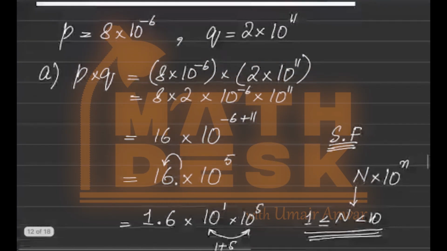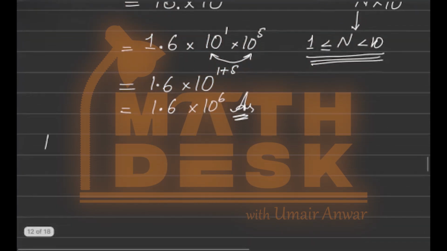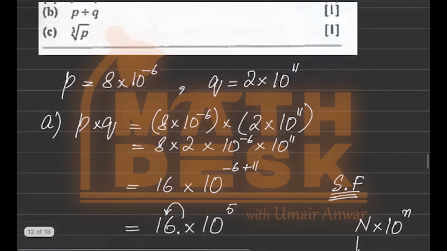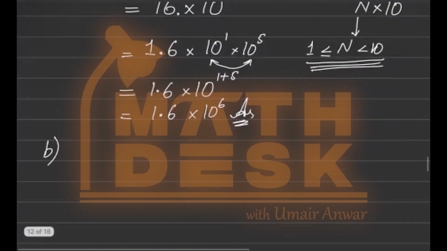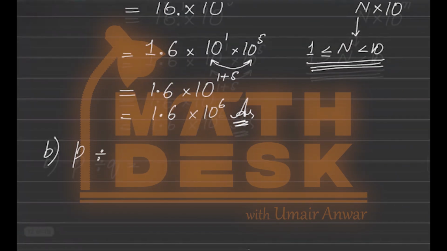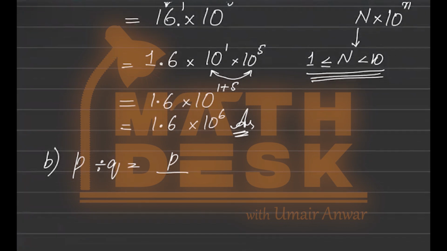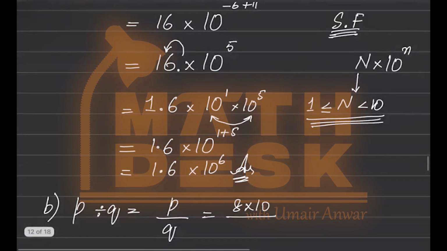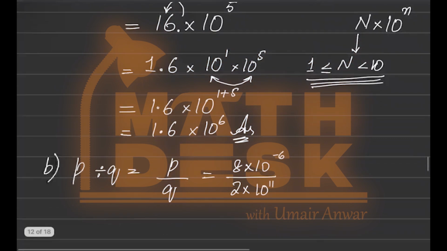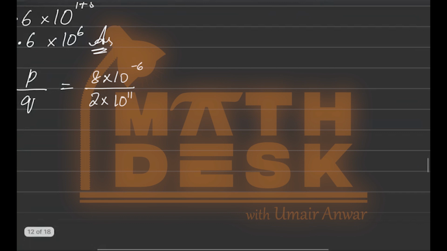Now in part B, it says P divided by Q, and we need to find out the value of this. So P divided by Q, we could write it as P over Q, and it is 8 into 10 raised to -6 divided by 2 into 10 raised to 11. Now, when we simplify the two numbers, we get 4.